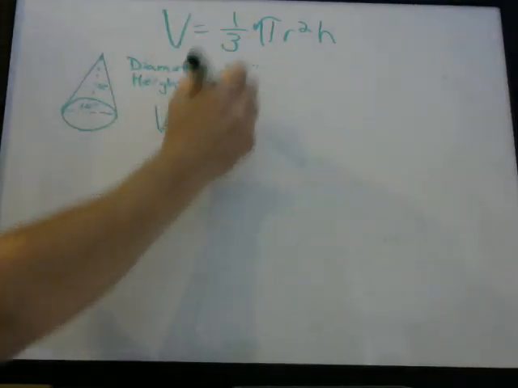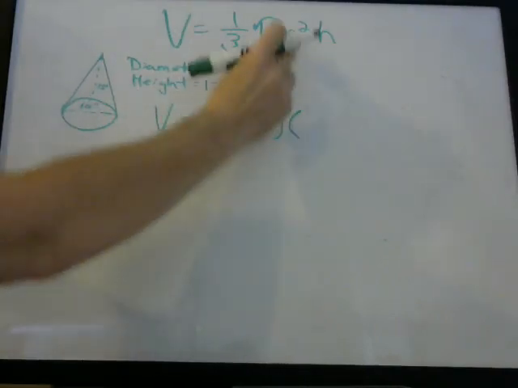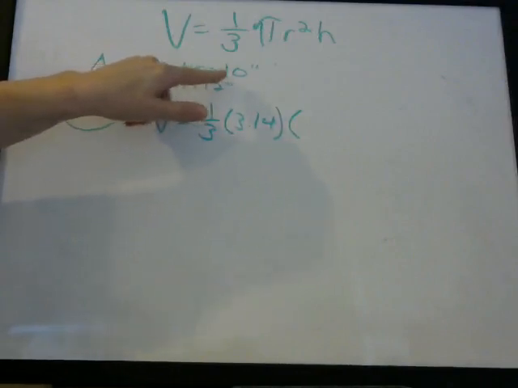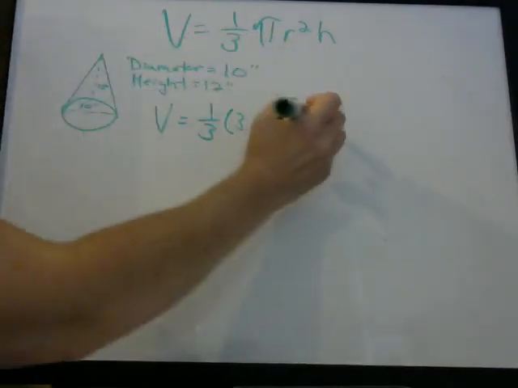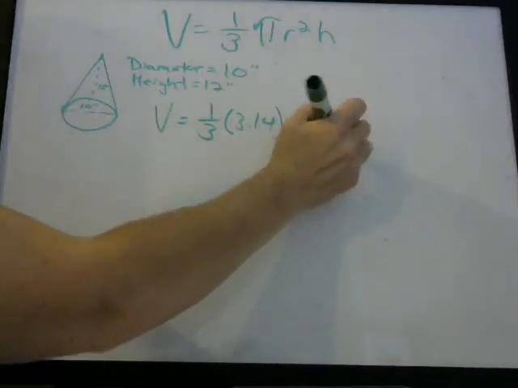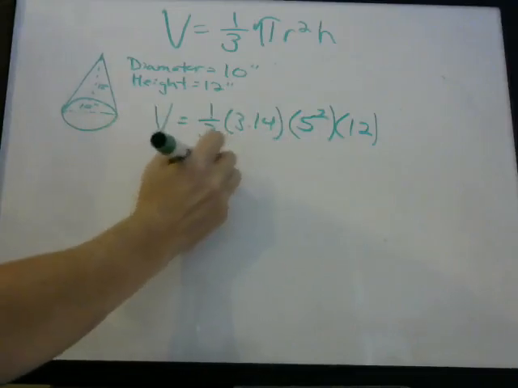1/3 pi is 3.14. Now, the radius. So don't get caught if they give you the diameter. You don't want the diameter, you need the radius. So if the diameter is 10, the radius is half of that. So the radius is 5. Again, if you don't know that, you need to watch the video on circles, radius, and diameter. So it's 5 squared times the height. 1/3.